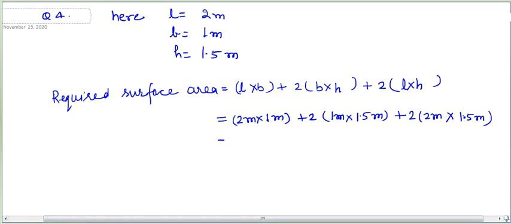Okay students, now just multiply all the values and simplify.